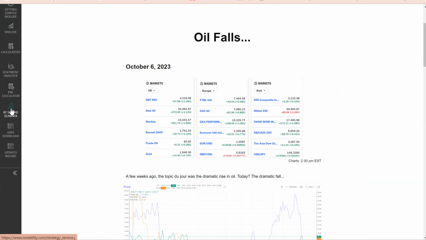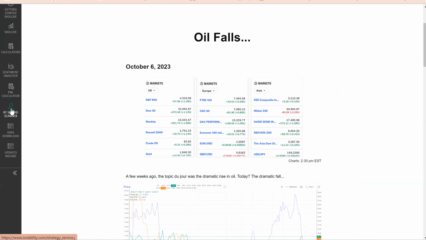I want to show the sentiment analyzer, and two things: how to build a custom watch list and potential trading list from the sentiment ranker, and then how to analyze a specific stock. Since Exxon is so relevant with our macro backdrop, I'll use Exxon as our example for the specific underlying.